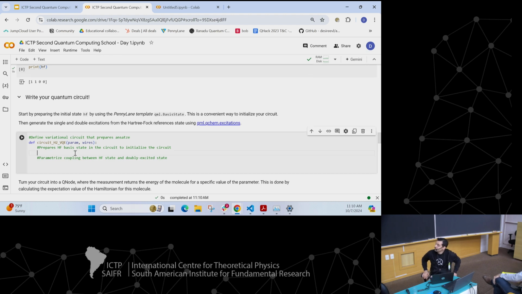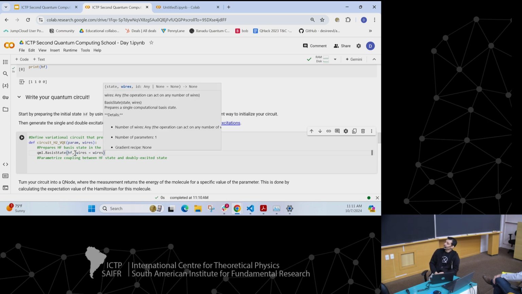We have our Hartree-Fock state. Our circuit doesn't know anything about that state yet, so we need to feed that into our circuit.